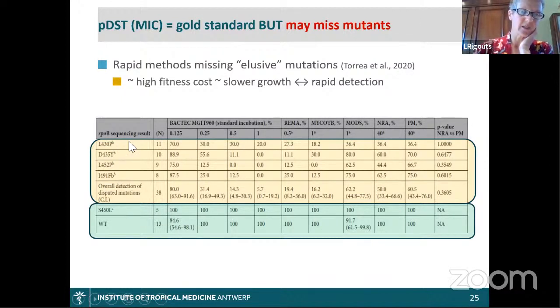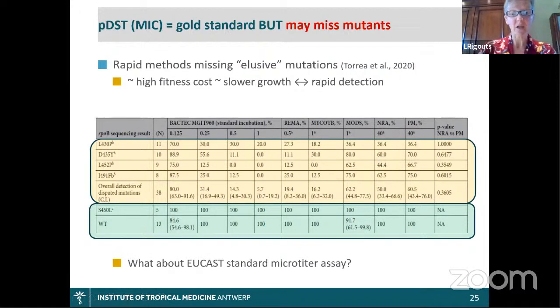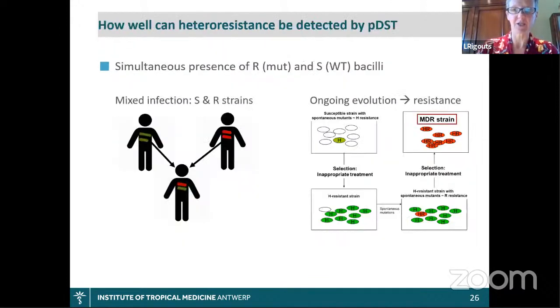But if you take the elusive mutants, then they have a lower level of rifampicin resistance, and they are very often missed in these rapid methods. So you could also question, what about the EUCAST standard microtiter plate assay? Maybe we have to revise again using these elusive mutations.